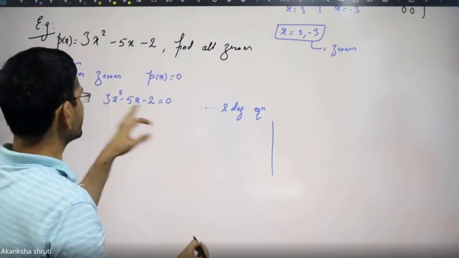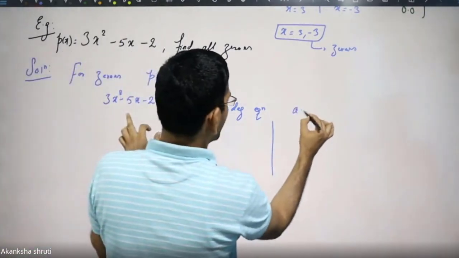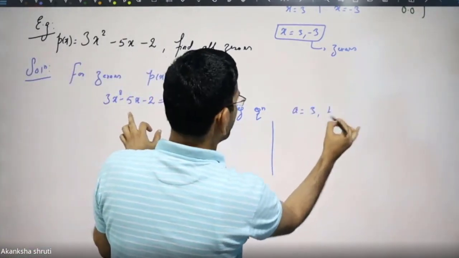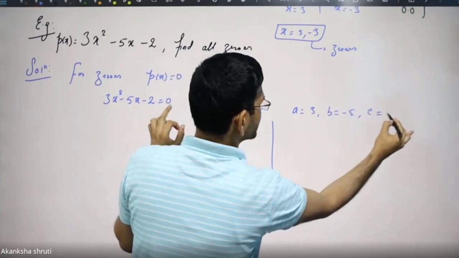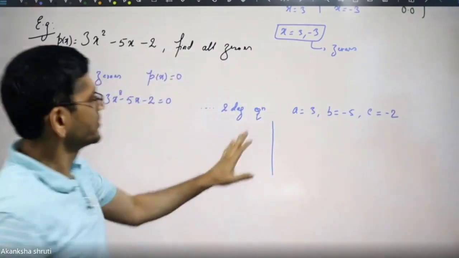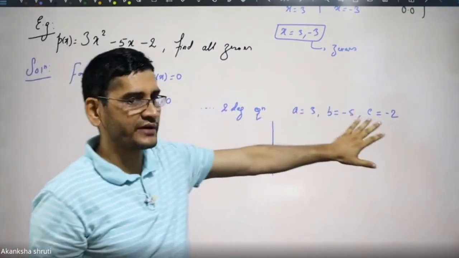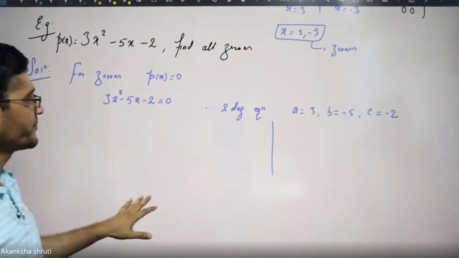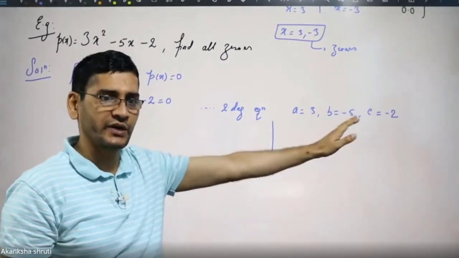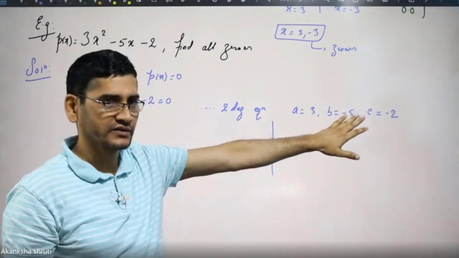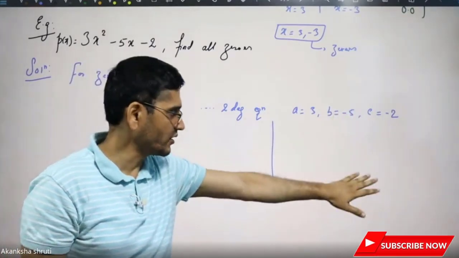First, compare this with ax square plus bx plus c. What is our a? a is 3, b is minus 5, and c is minus 2. This you have to do side by side. No need to do it here, just on this side. This is not the rough work. This is to be done on this side only.